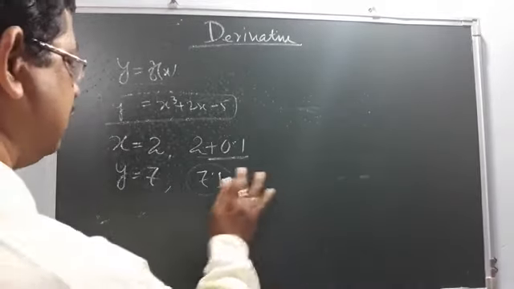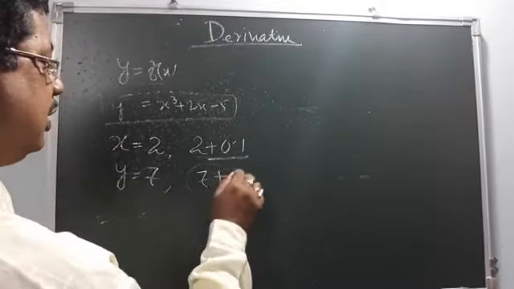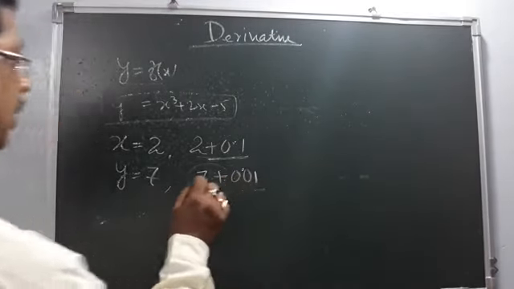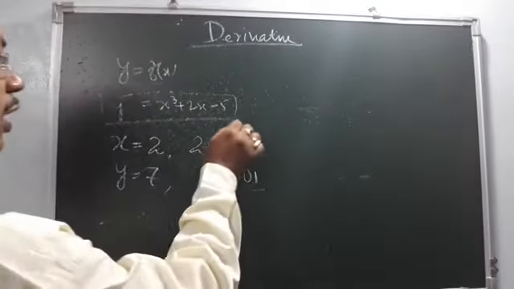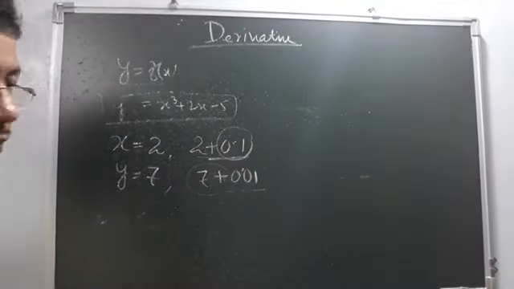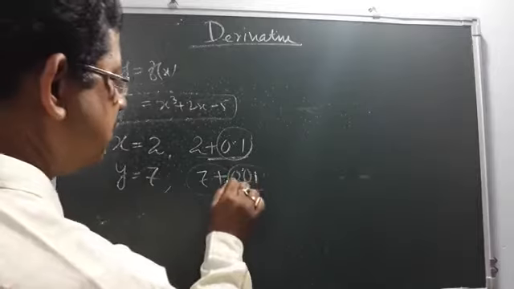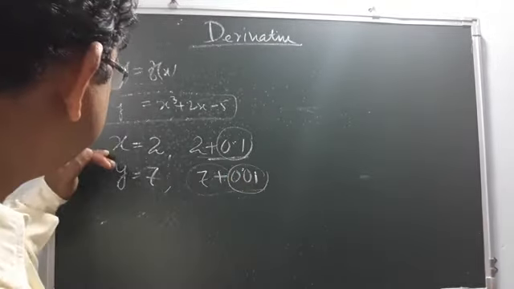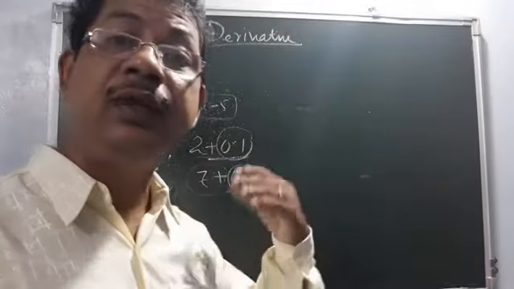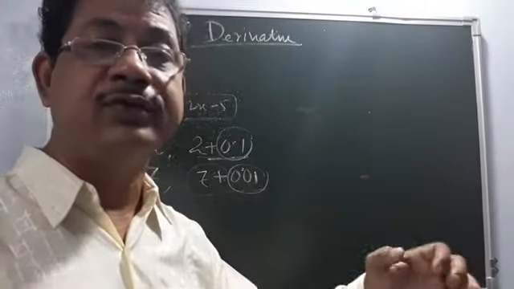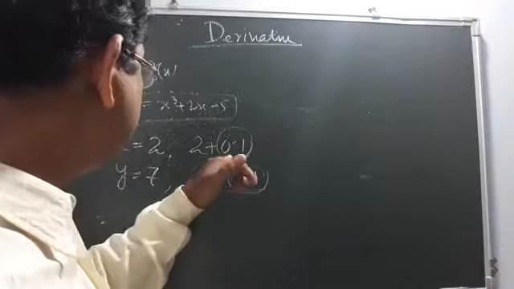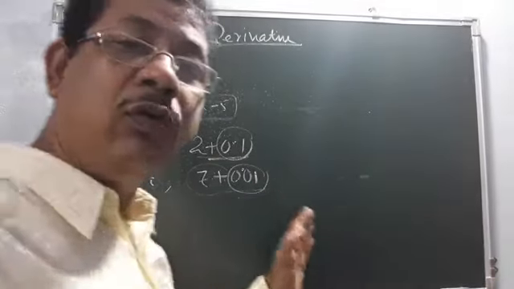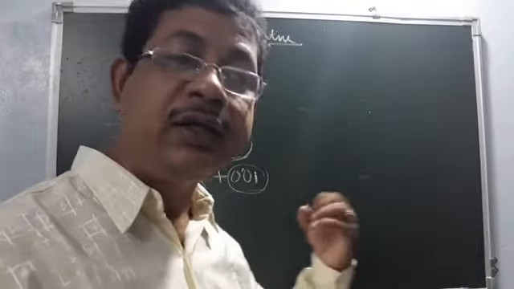Now see, I have increased x by, suppose, 0.1. So x from 2 we have increased, then y also increased. So there is a change in x. We added something to x, and for this we found that the value of y is also changed, a new value.